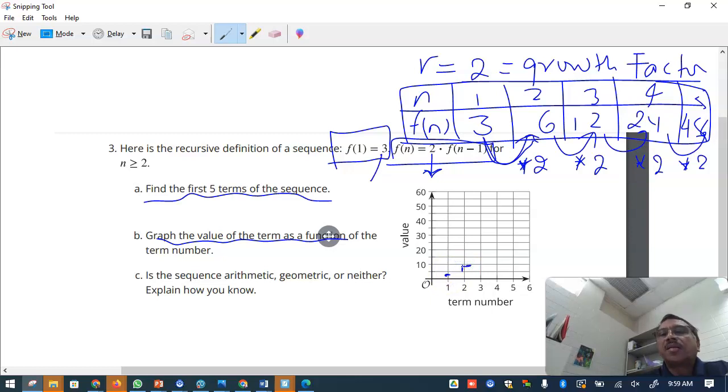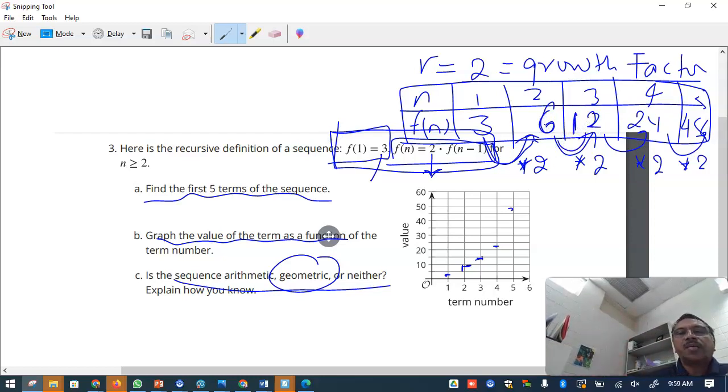Not perfect. 3 is 12, a little further. 4 is 24, somewhere here. And 5 is 48. Likewise, you get the pattern. This is a geometric sequence, because from the recursive definition, the number at any position is always 2 times the number in the previous position.